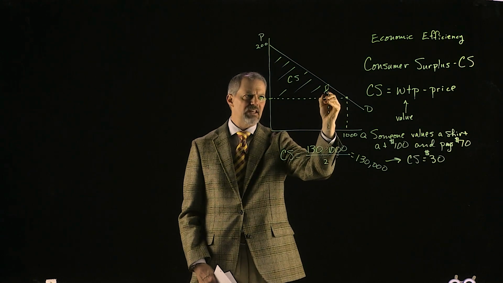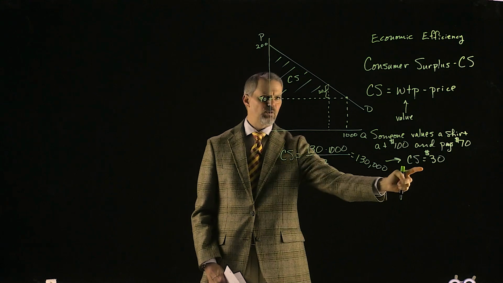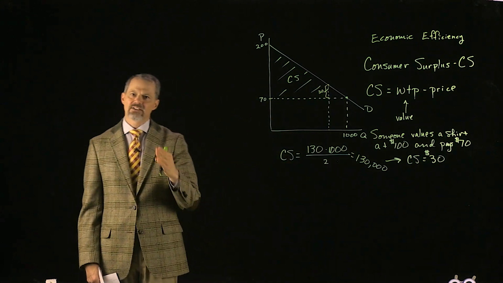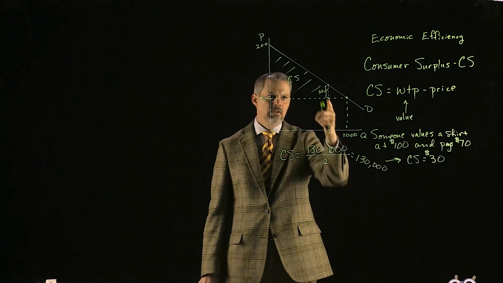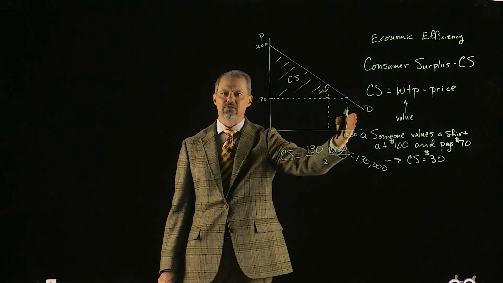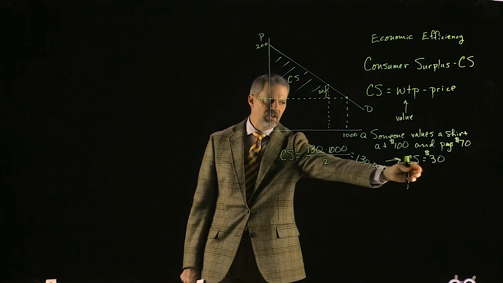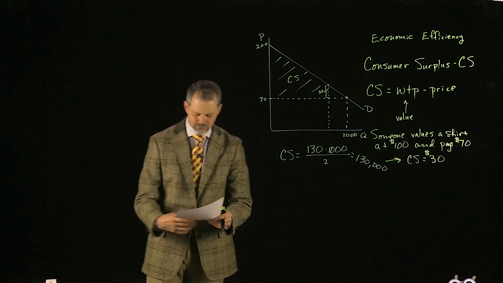That means that that vertical distance right there is the 30. That's where that consumer surplus number comes from. That's that person's willingness to pay at the margin for that unit. It's just one of a whole bunch of units that are transacted. Okay, so this is a willingness to pay for one person. This is for the whole market.